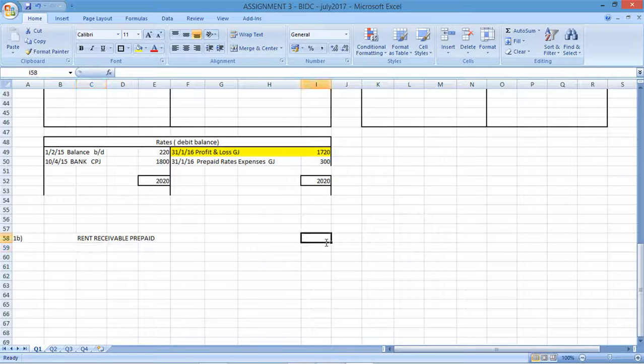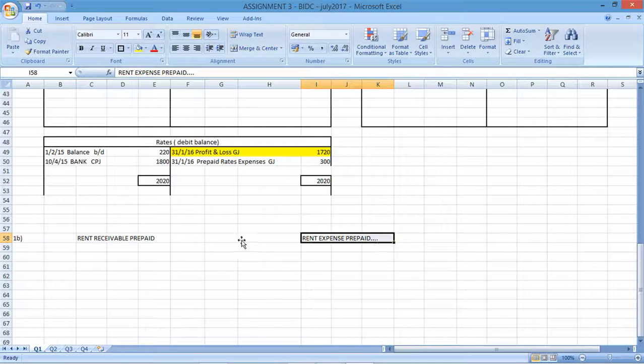If you have rent expense prepaid, that means you've prepaid for an expense that you've got. That's fine. That's not what they've asked you in this question. This question said rent receivable prepaid.